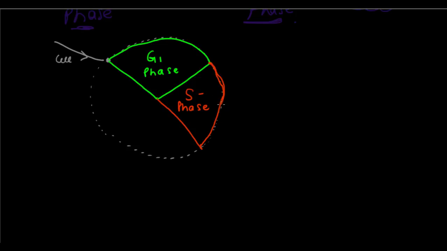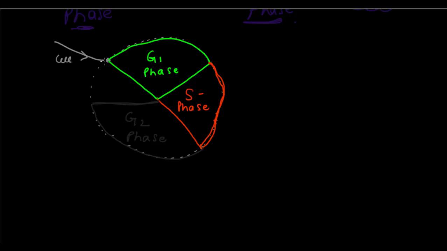It goes through this phase of events, and this is called the S phase. After the S phase, there is another phase into which it lands. It goes through this particular phase, and this phase is called the G2 phase.